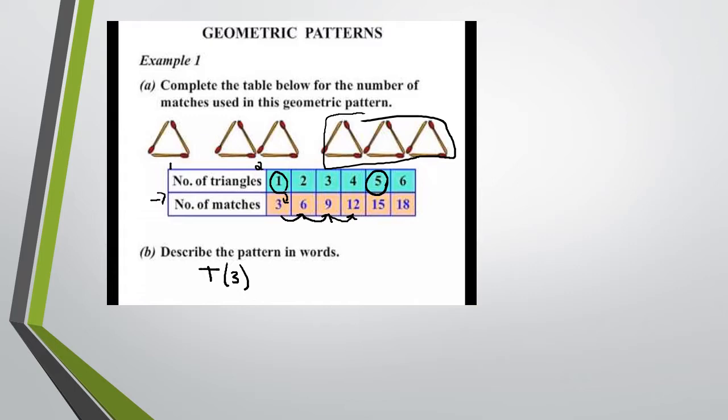So triangle times 3 gives you your matches. So I didn't describe it in words, I described it with symbols, but you could say for every triangle, use 3 matches. Okay, so that's a simple example.